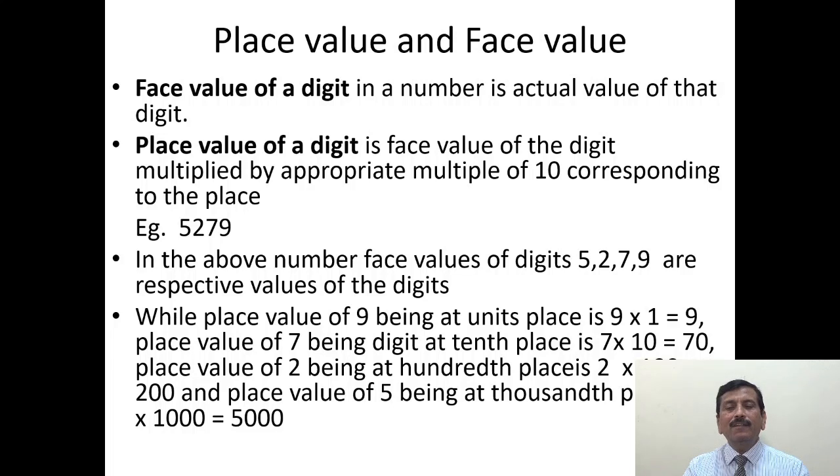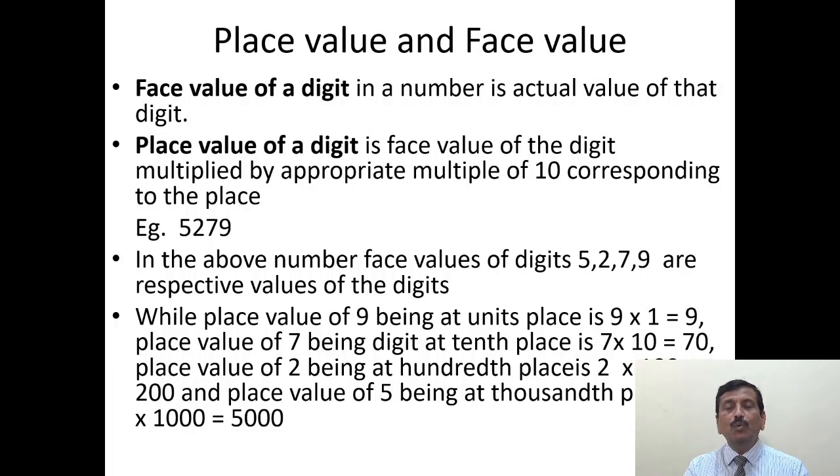In this number, the face values of digits 5, 2, 7, 9 are the respective values of the digits, while the place value of 9, being at the unit place, is 9 into 1, the value is 9. The place value of 7, the digit being at the 10th place, is 7 into 10, 70.